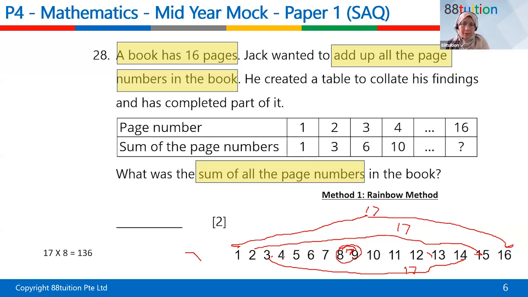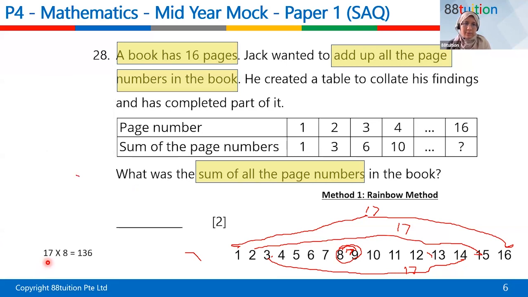Then 4 and 13 is the fifth set. 3 and 14, 2 and 15, 1 and 16. So the total number of sets is 8. So you simply take 17, which is the sum of each pair, times 8. You see over here?